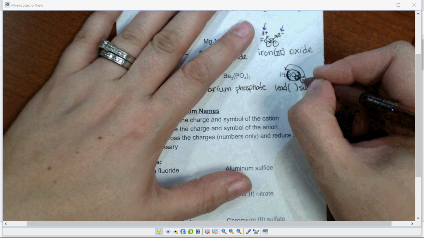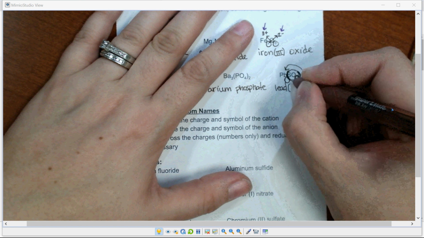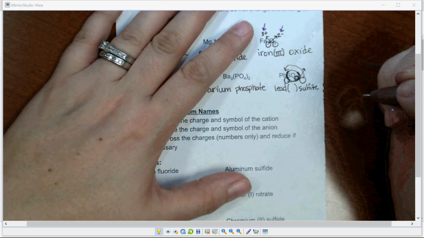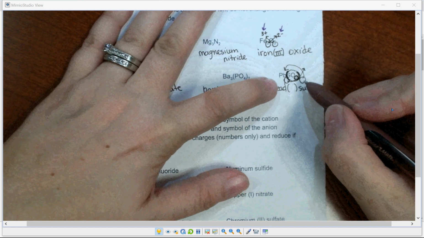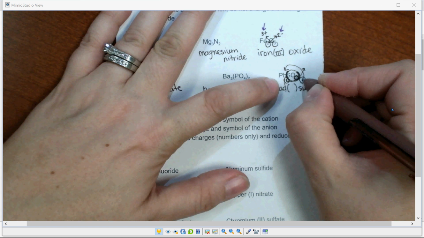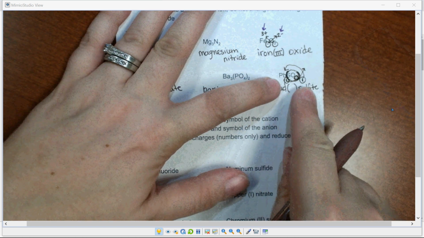So since there's nothing there, that's an assumed 1, right? And there's nothing here, which makes this an assumed 1. But you have to know that all these numbers tell us are the ratios. So what this is telling me is this is a 1-to-1 ratio between lead and sulfite.